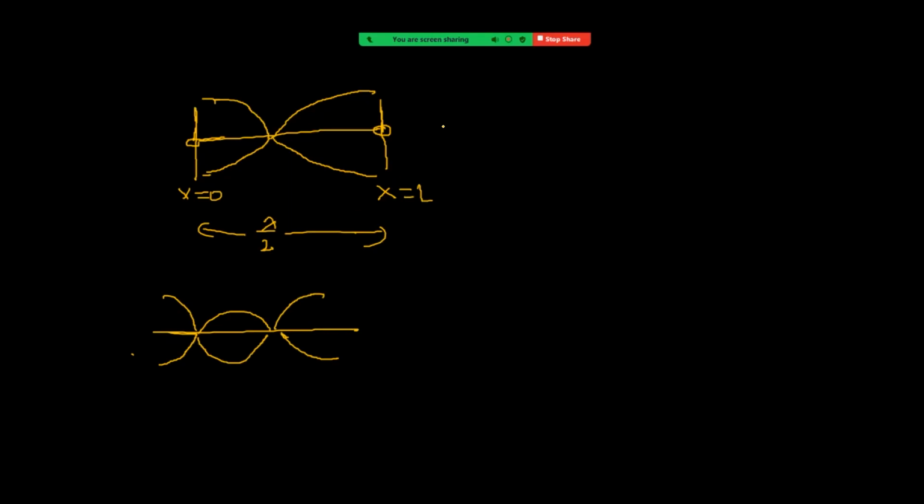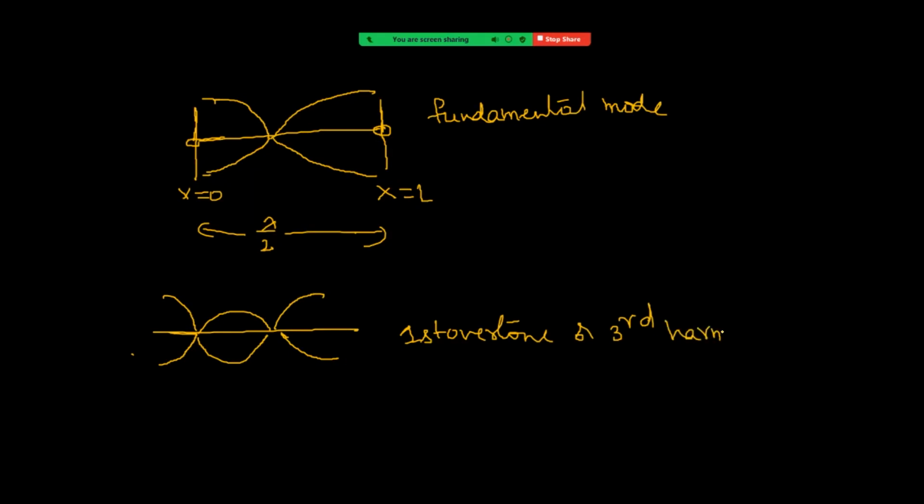So the first one is known as the fundamental mode, and this is the fixed fundamental mode, right? And this is known as the first overtone, or it is known as the third harmonic. In this, there is no second harmonic, only third harmonic.